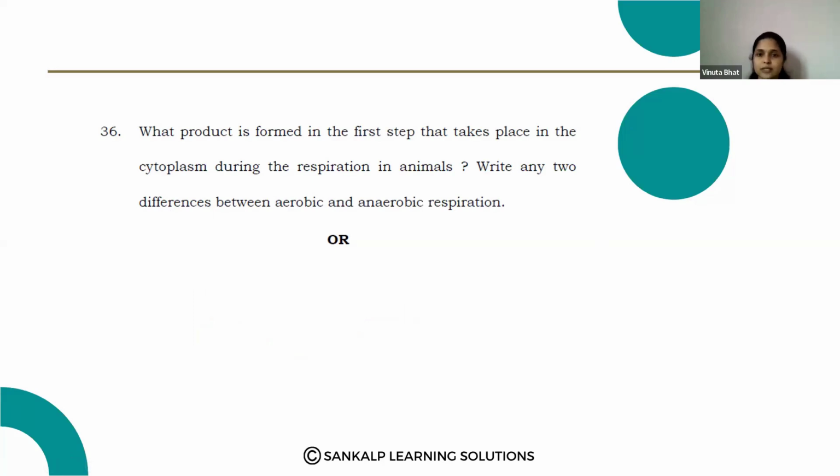In anaerobic respiration, the breakdown of glucose takes place in the absence of oxygen. So you have to write the definition. After that, write that more energy is released in aerobic respiration, whereas less energy is released in anaerobic respiration. So that is the answer.